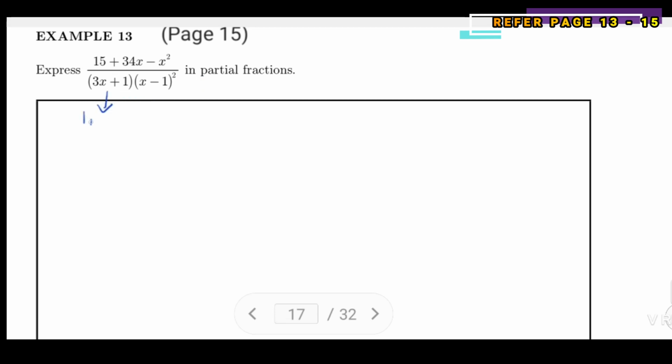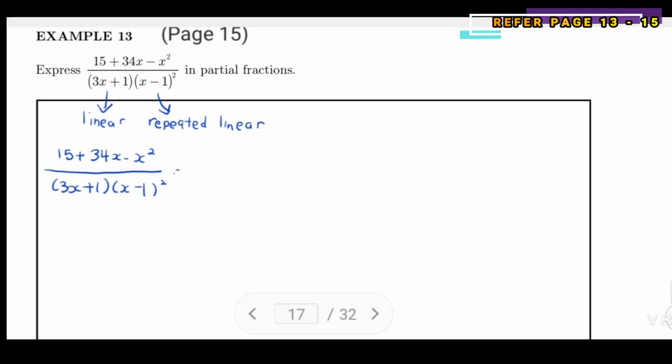3x + 1 is a linear factor, while (x - 1)² is not a quadratic factor, but it is a linear factor which is repeated twice. Hence, it is a repeated linear factor. So first, we have to express the fraction in general partial fractions.